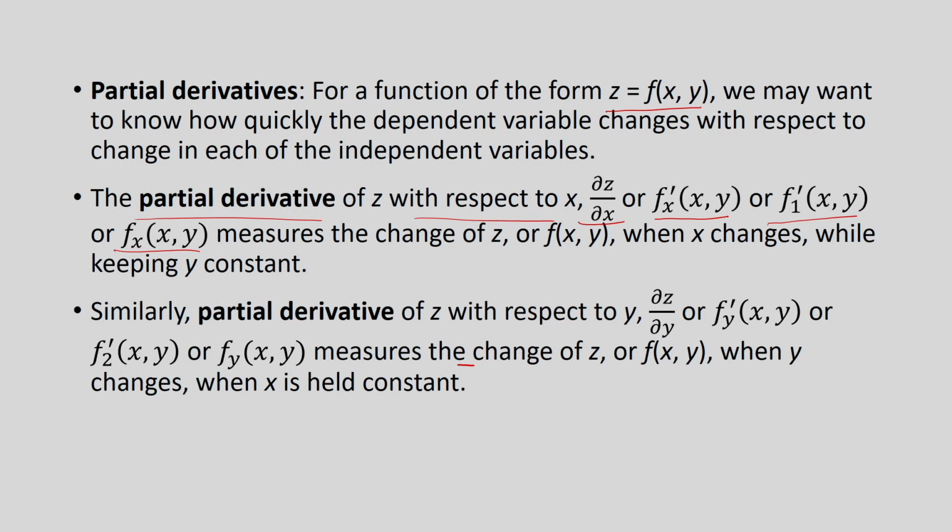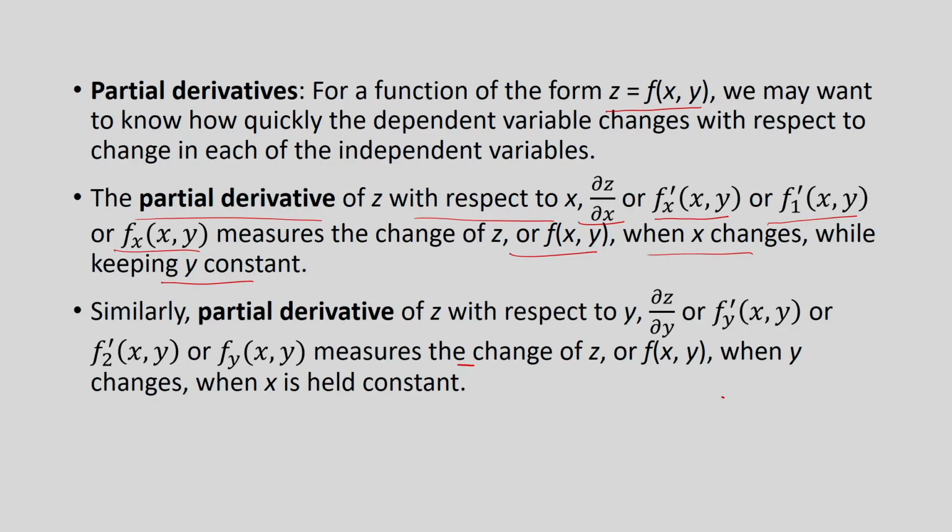It measures the change of z, or f of x y, when x changes while keeping y constant. This is the interesting thing to note: when we are taking the partial derivative of a function with respect to a particular independent variable, we are assuming that the other independent variables do not change.